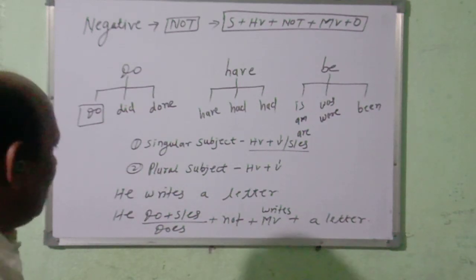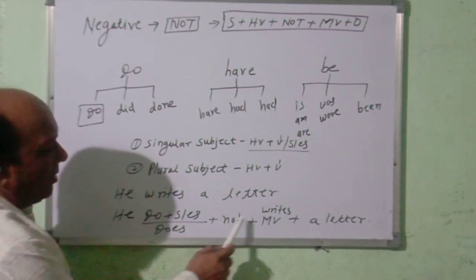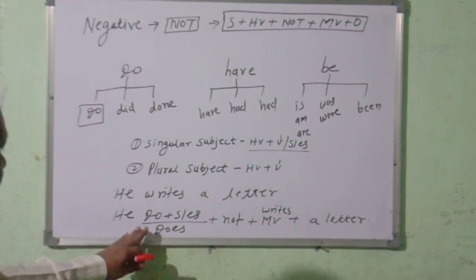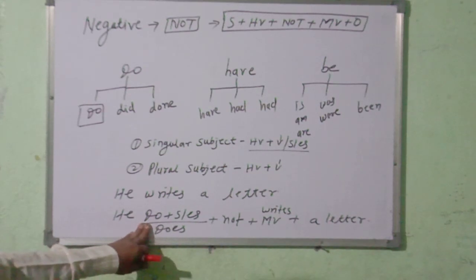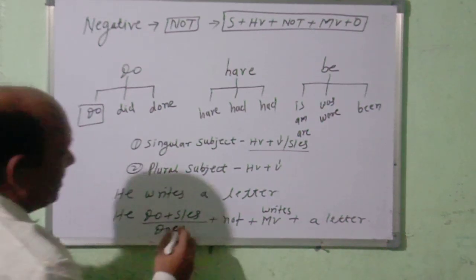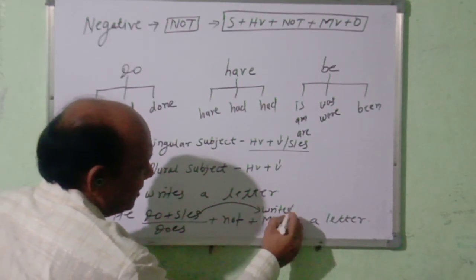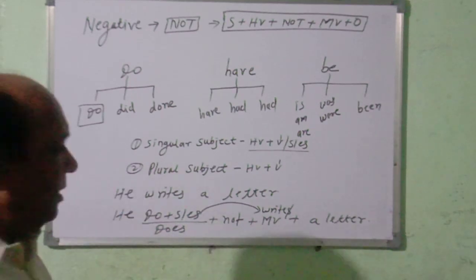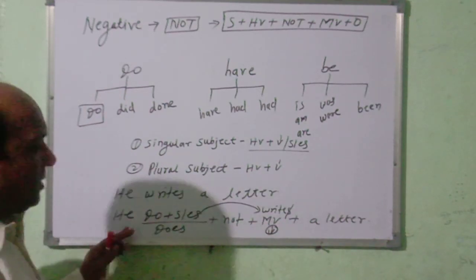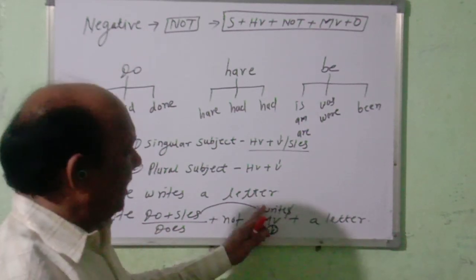When you read this sentence, we will see what the mistake is. One thing you must observe: when you are adding S or ES with do, the helping verb, then in any condition there is no need to add V1 plus S or ES afterwards. You have to write only the first form of the verb, V1, which is write. So the correct negative sentence is: he does not write a letter.